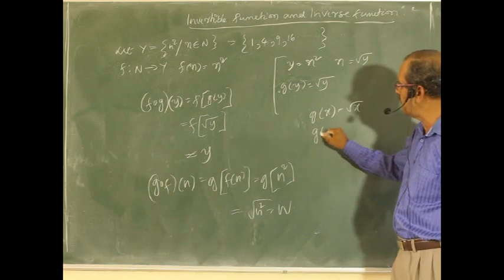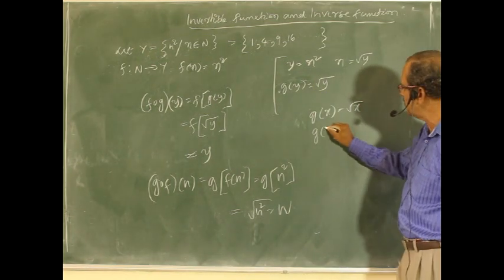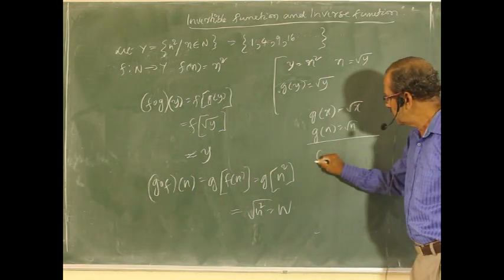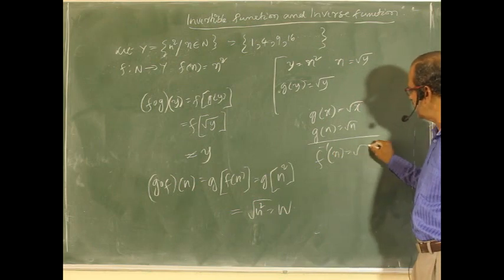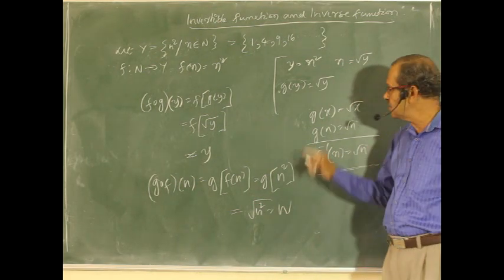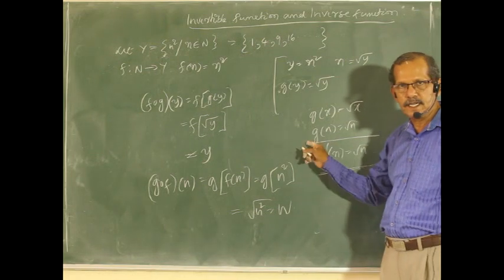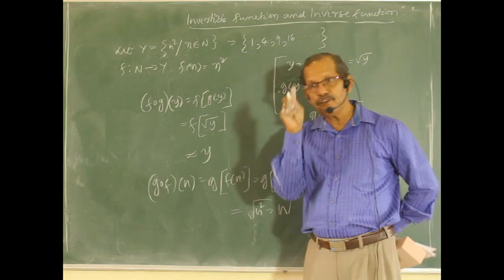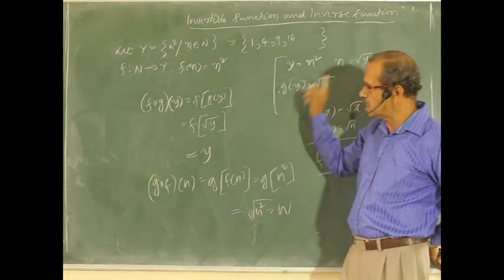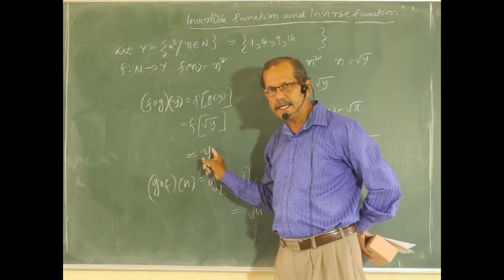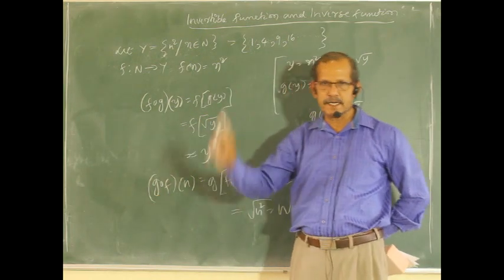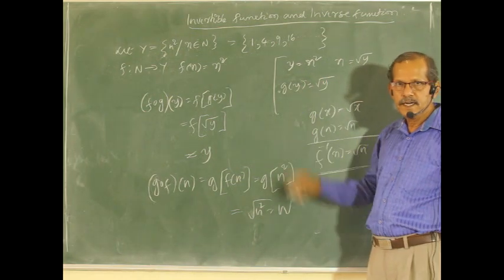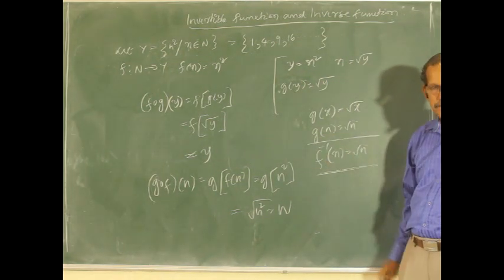Or if you want G of n, because they have given F of n, G of n equal to root n. This is the inverse function. F inverse of n equal to root n. We write the inverse function as F inverse, not G. So the function is said to be invertible if you can define another function G such that F composite G is identity and G composite F is also identity. The inverse is nothing but the defined function G, denoted by F inverse, that's all.